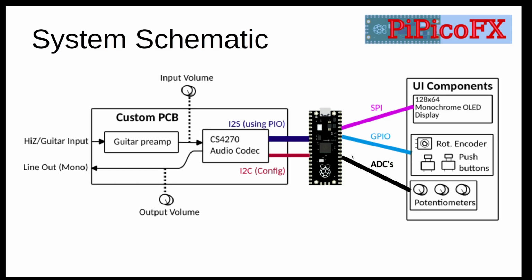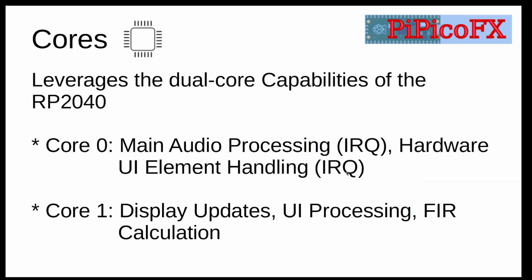Then it also has UI components: a little monochrome OLED display, which is accessed using SPI, and of course two push buttons and the rotary encoder, which is used to navigate within the little menu it has, and also three potentiometers, which are interfaced, of course, using the ADCs from the Pico.